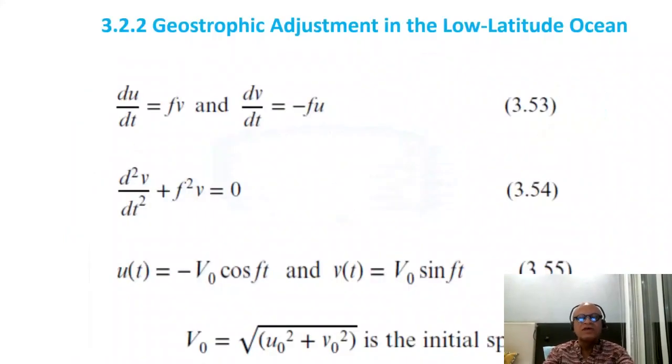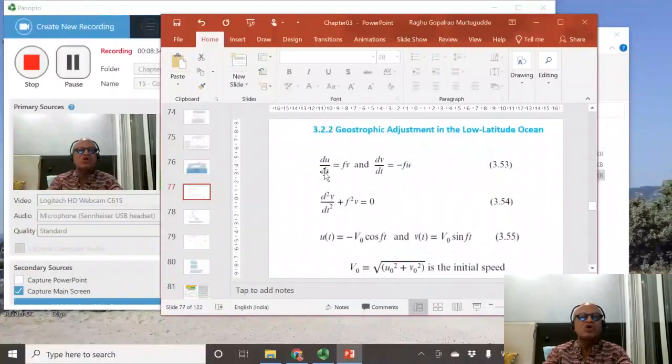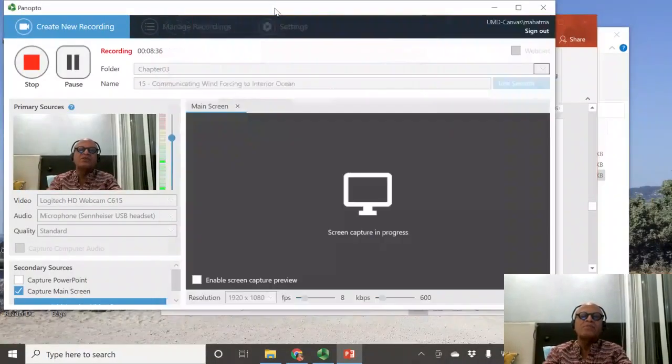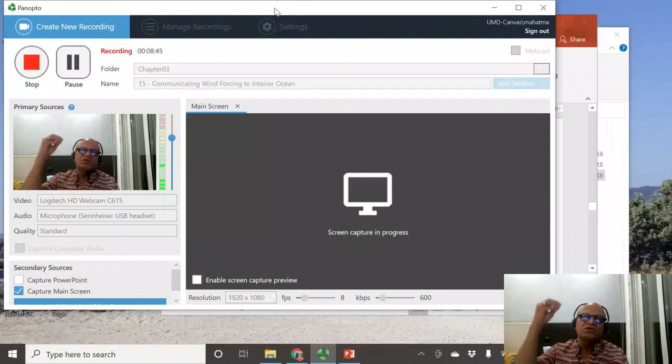Okay, so that's the brief explanation of how the Ekman currents and the Ekman layer are going to meet the interior ocean. When we look at further details mathematically, we will derive the expression for this Ekman pumping and look at how that sets up the interior flow and what patterns emerge because of this wind stress curl and interior transport integrated in the vertical.